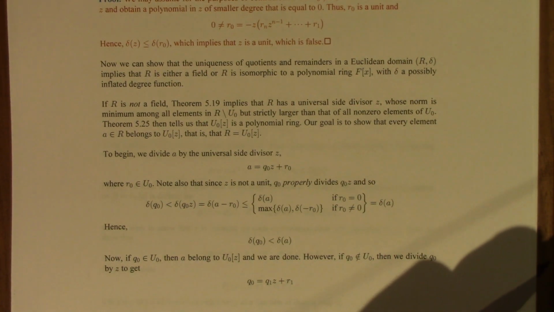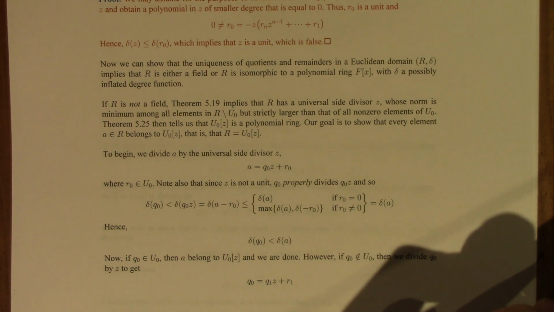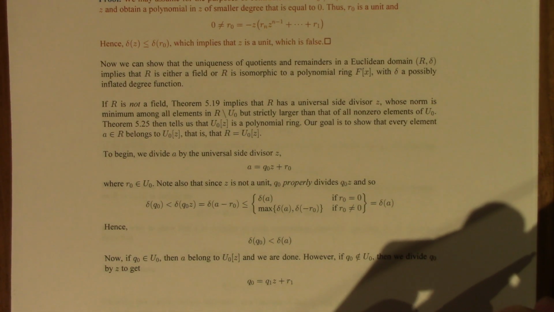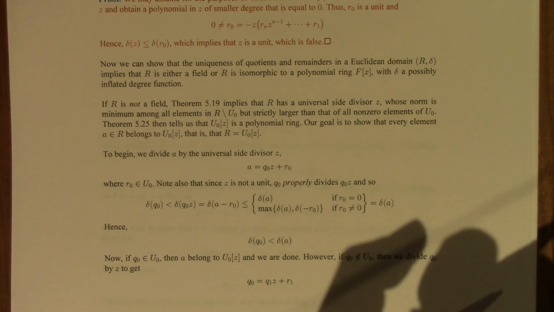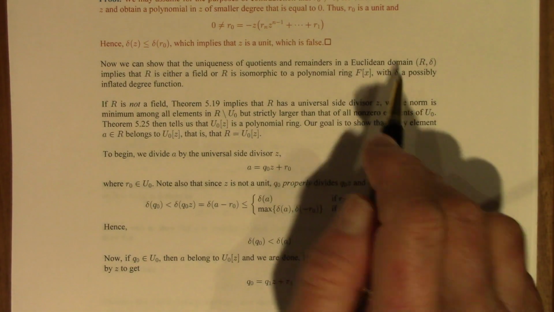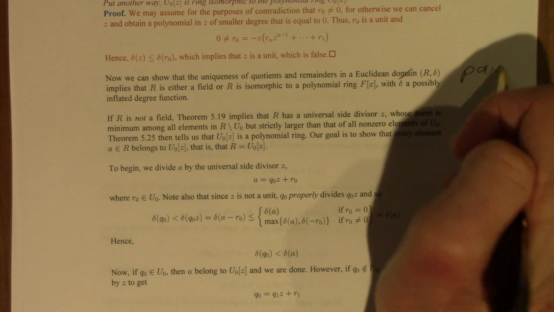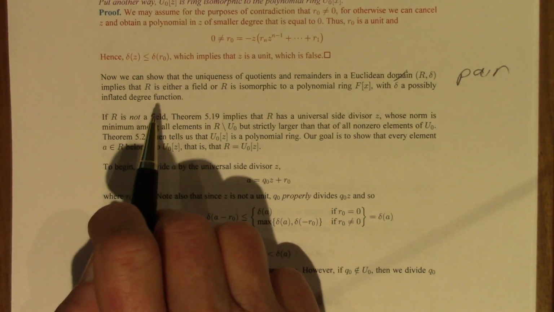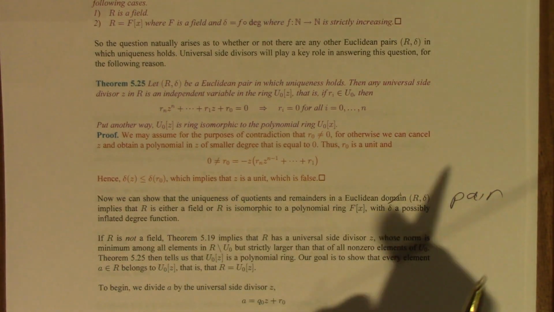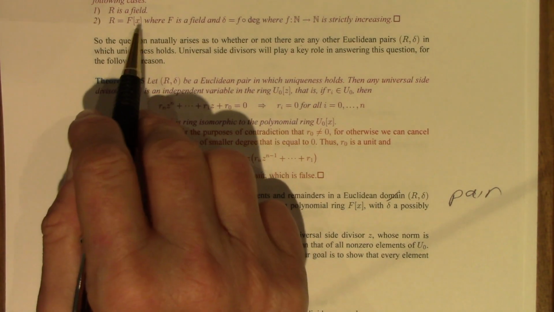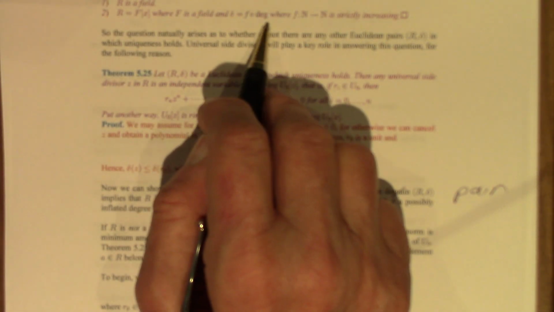Now we can show that uniqueness of quotients and remainders in a Euclidean pair implies that either R is a field or R is a polynomial ring, and the norm has this form.